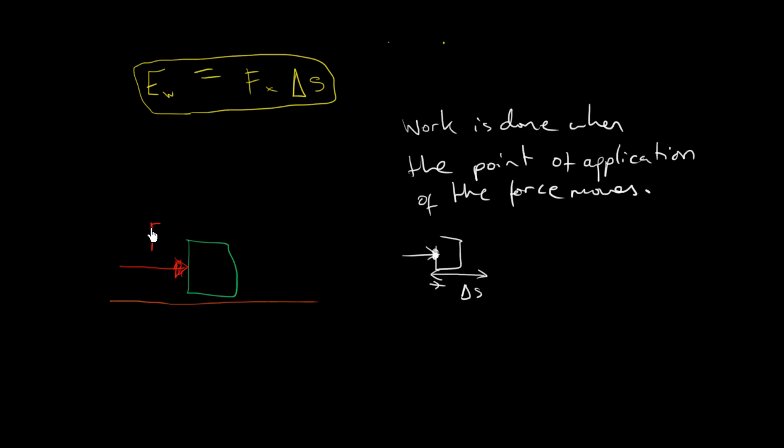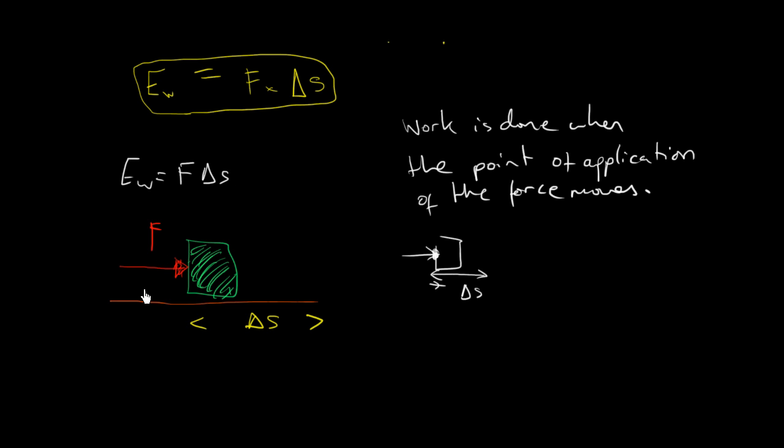This is a force acting on this block, and if the block then moves, let's say, a distance delta S, then the work done would be very easy to calculate. I could just say E_W is equal to F delta S.